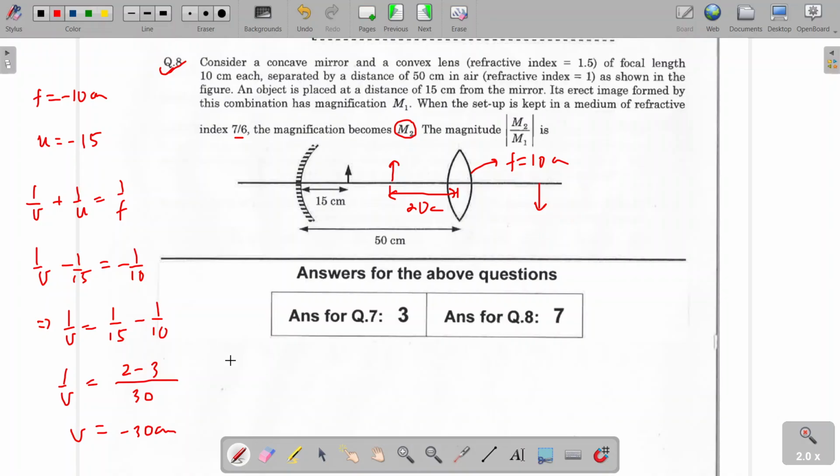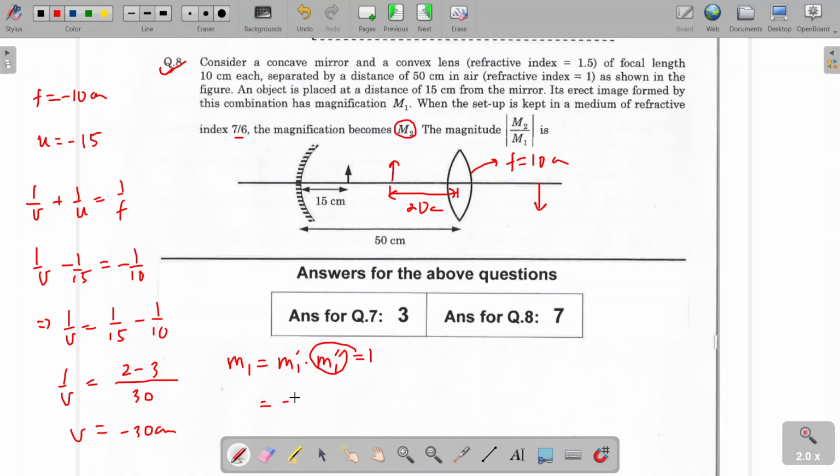So the net magnification in case number 1 would simply be the magnification achieved in the reflection from the mirror, as the magnification achieved in the refraction from the lens is 1. This M1 double dash is that for the lens, that is 1.